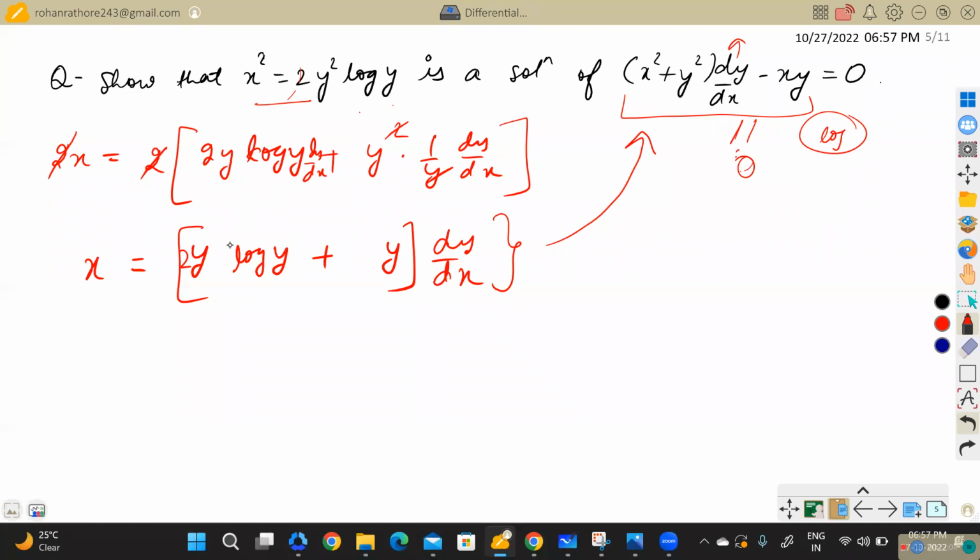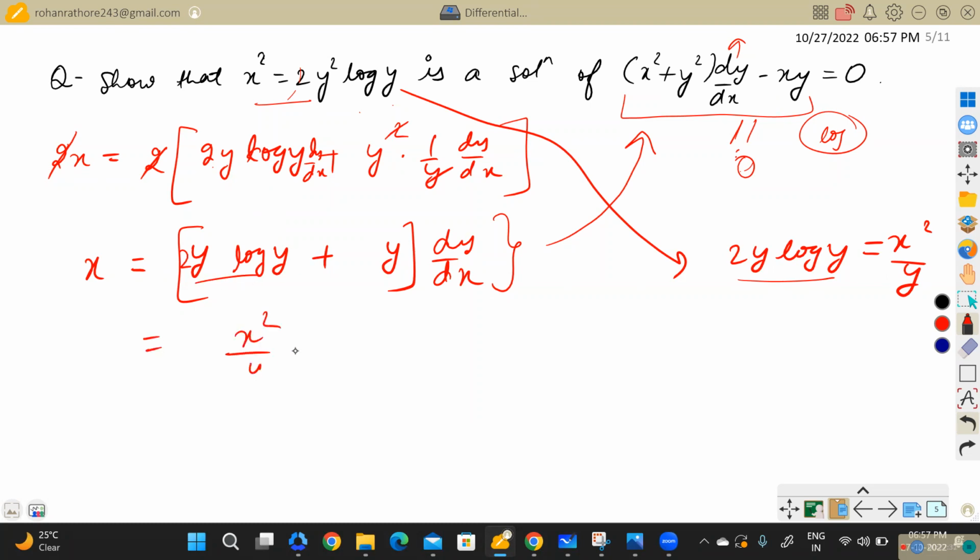So let's see. We have 2y log y, and what is the value of 2y log y? If you solve this, you get 2y log y as x square by y. So we can substitute the value of 2y log y here to get x square over y plus y is dy over dx, and this is the value of x.